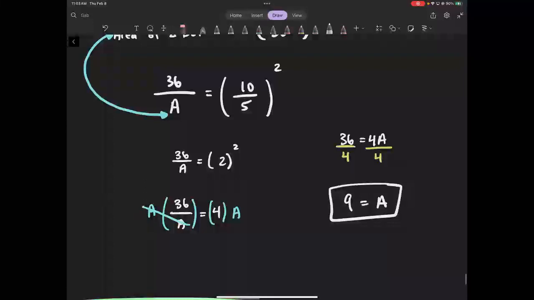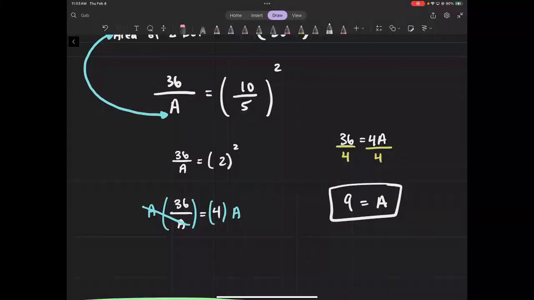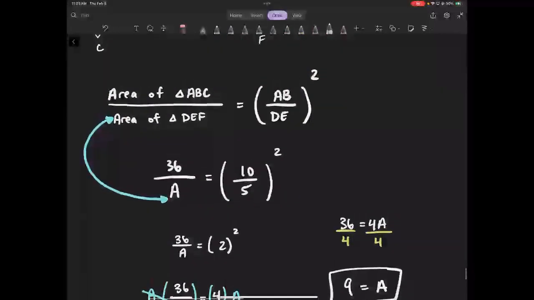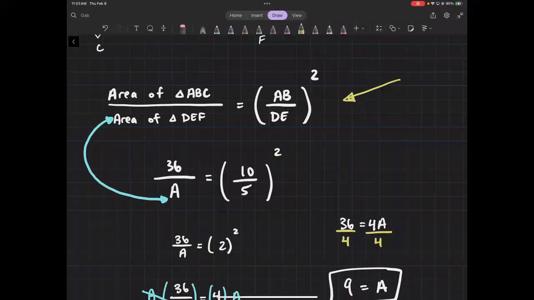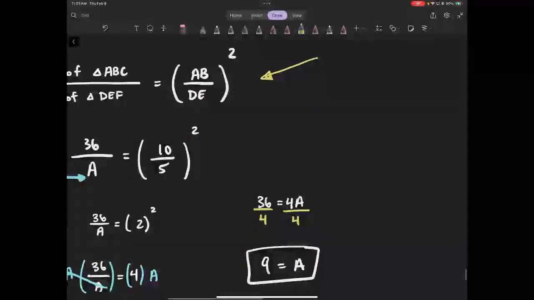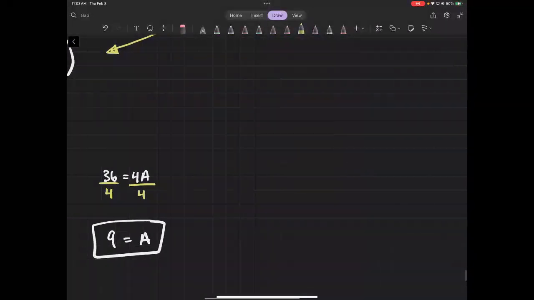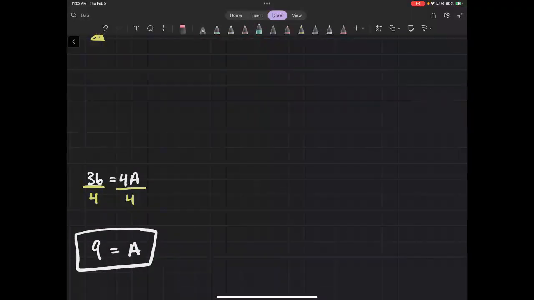And of course, you can check it. Basically, plug it back into that original that I have at the top, like over here. If you do that, this is your check.